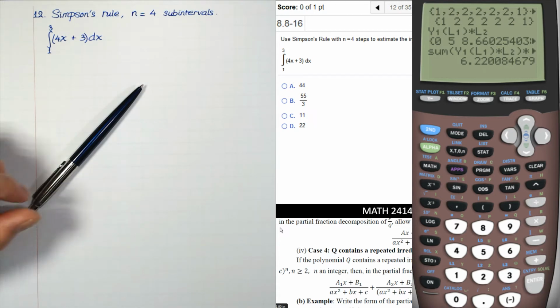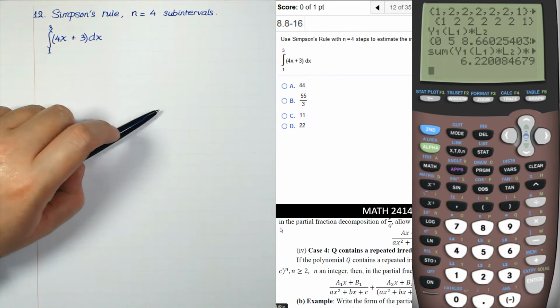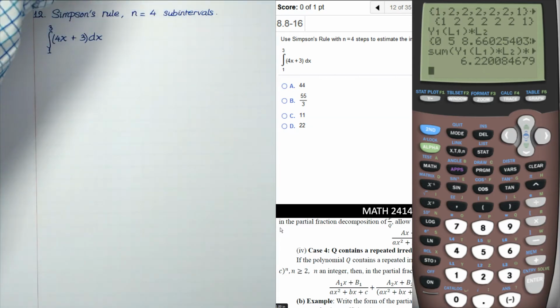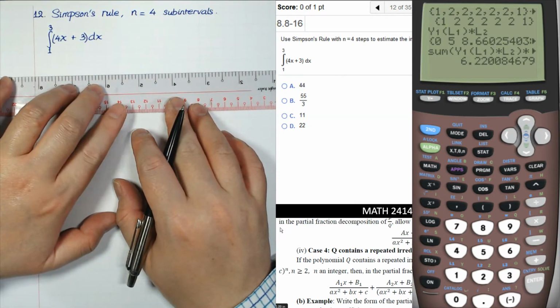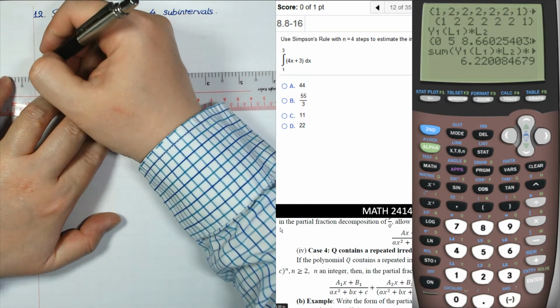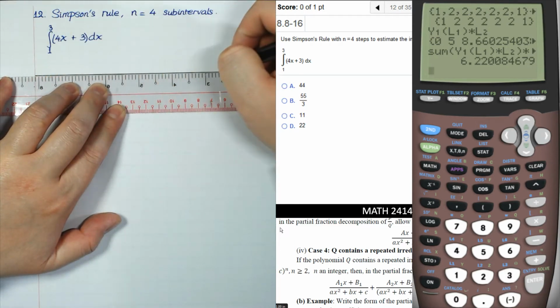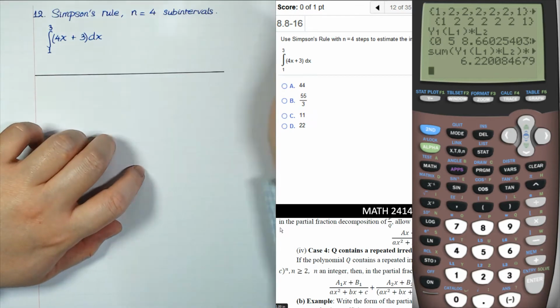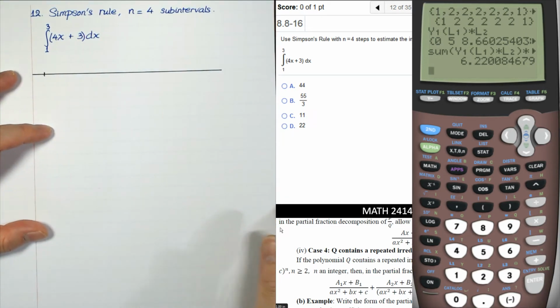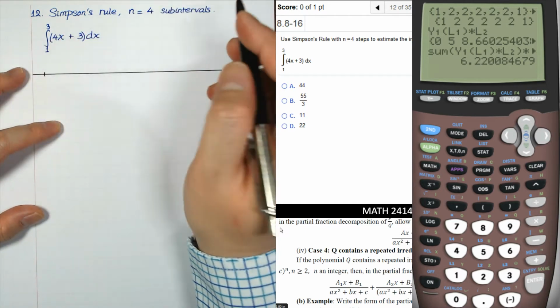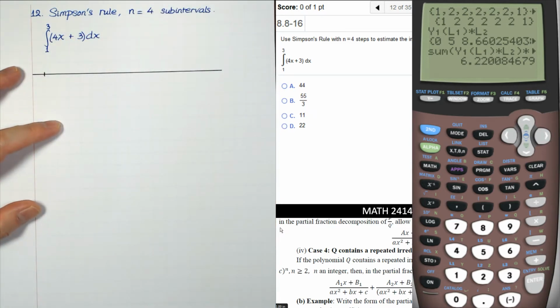I guess I need to write a little bit bigger in case it's difficult to see, because this screen looks smaller than the regular one for lecture. So we go from 1 to 3 for subinterval.